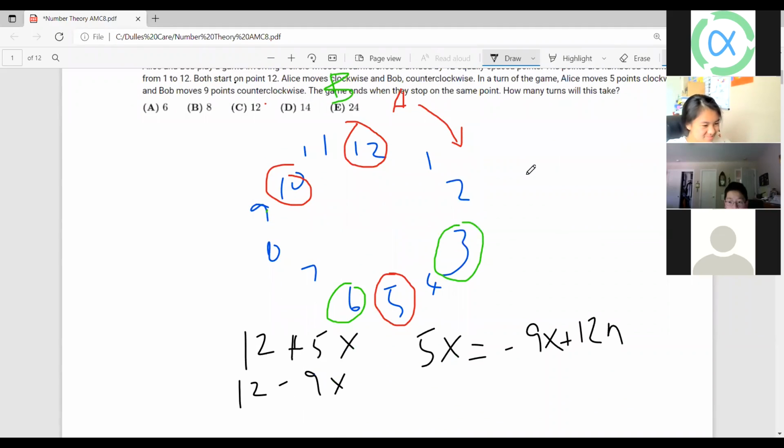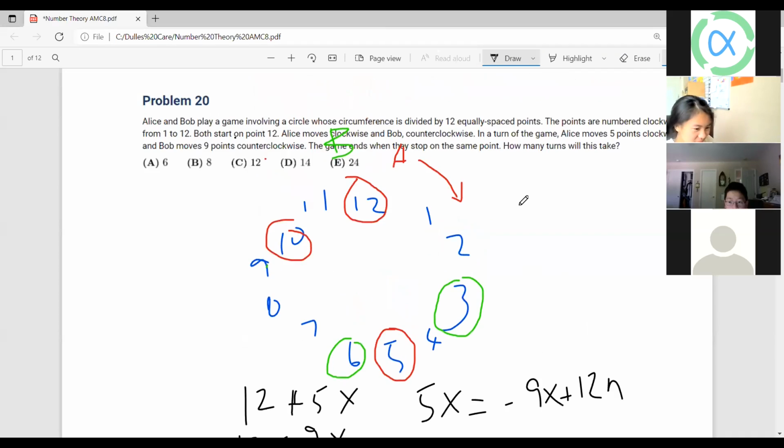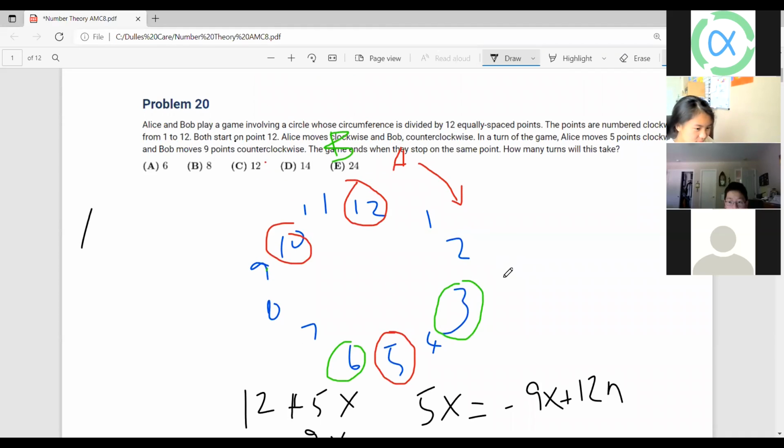So at some point, if we were to write this in mod 12, then we can do this. Alice's turn is equivalent to 5x mod 12.